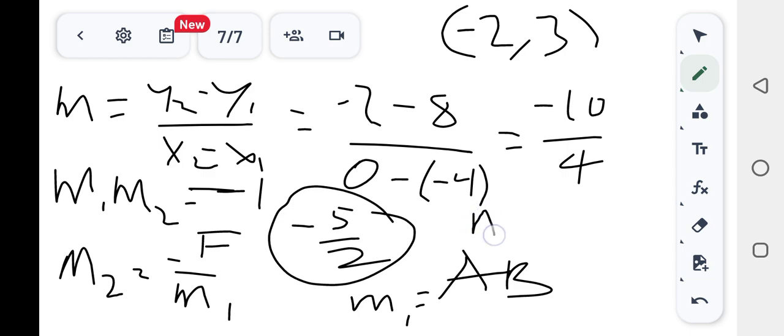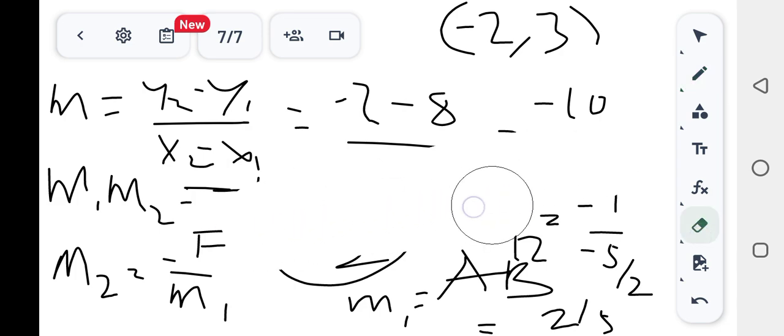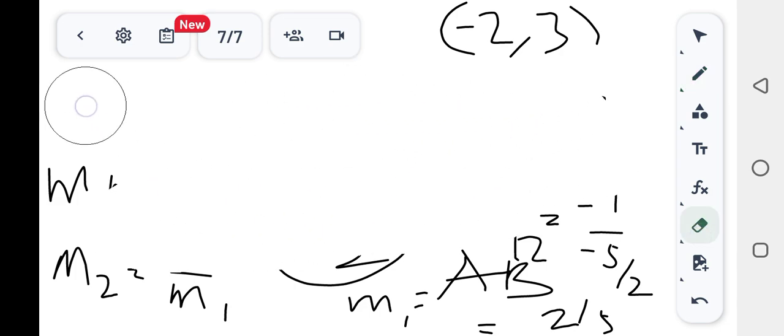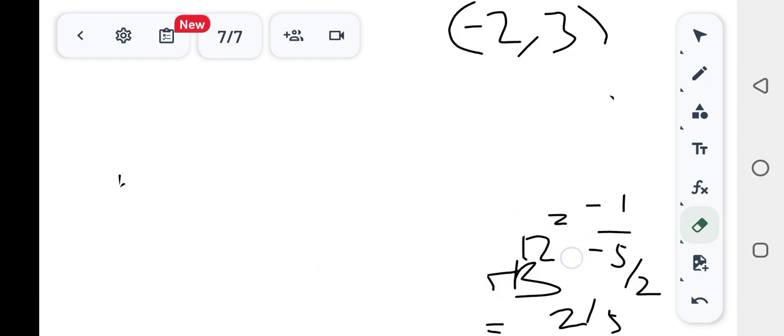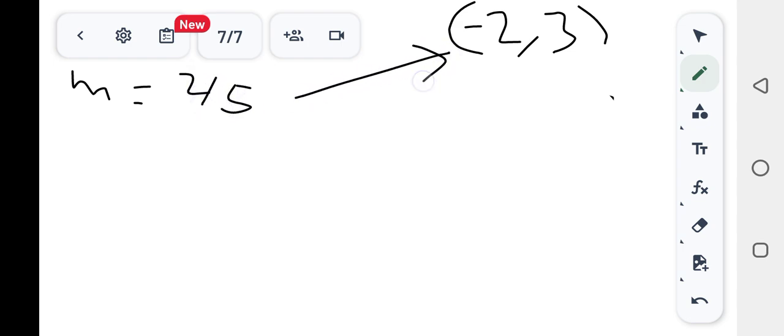So m2 is -1 over -5/2, and that gives us 2/5. So the gradient we have to use to find the equation of the line is 2/5, with this point on the line.